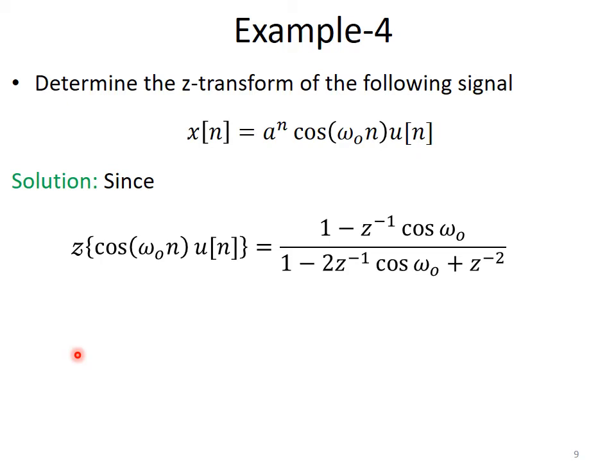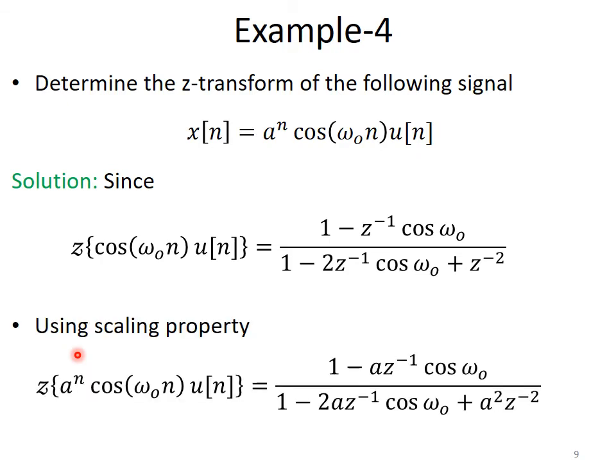So multiplying a with z power minus 1, or a square wherever there is z power minus 2, right? So here we have z power minus 1, which is multiplied with a. Similarly, z power minus 2 is multiplied with a square, right? So this is the final z transform.